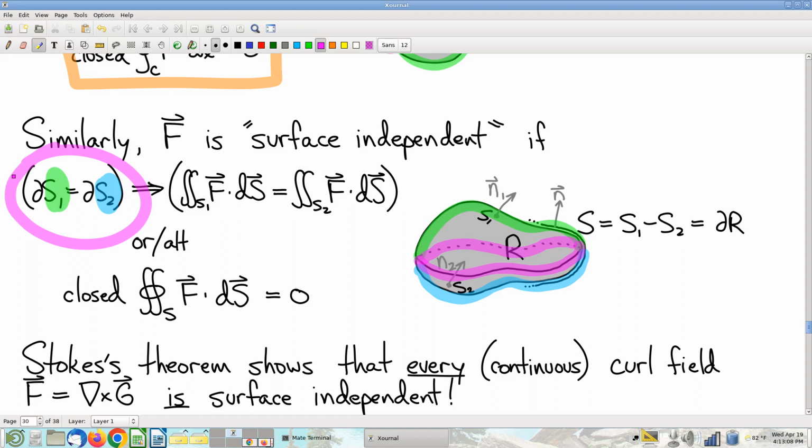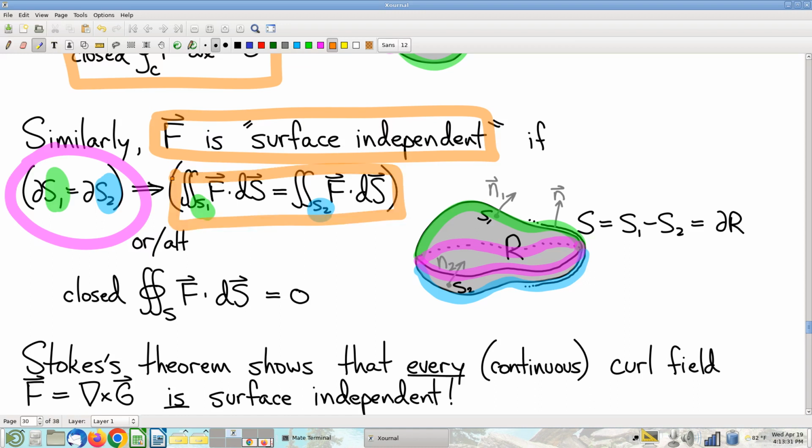All right? And there are some special vector fields called surface independent vector fields, and this is going to seem implausible, but these amazing vector fields have the feature that even though they're otherwise unrelated, the fluxes through S1 and S2 have to be the same.